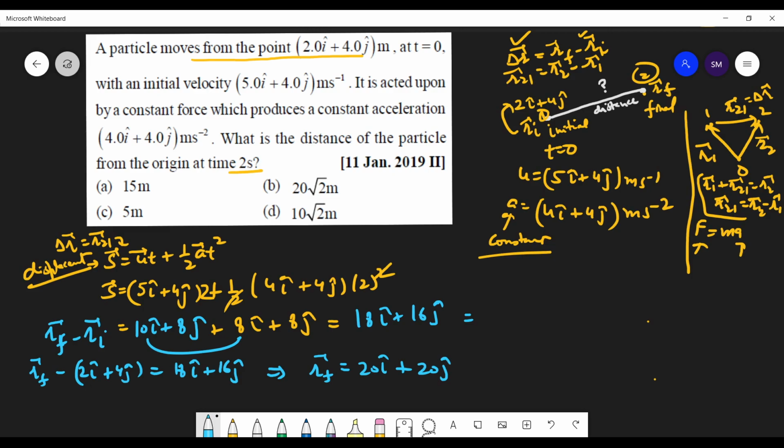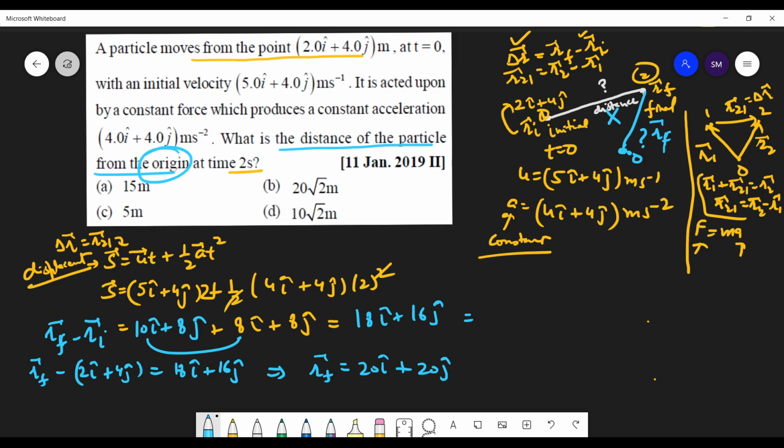So you have to find what is the distance of the particle from origin. Students, that's the important point here. So this distance, no, we are not supposed to find this distance. This is your origin. We have to find this distance, means we have to find this R2, this Rf vector, right? Okay. So look at the question, distance of the particle from origin.